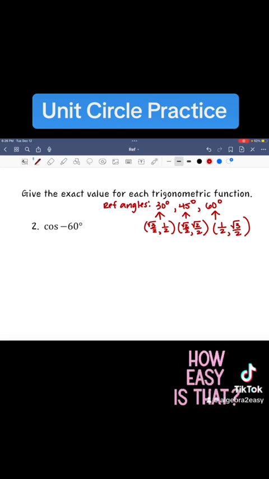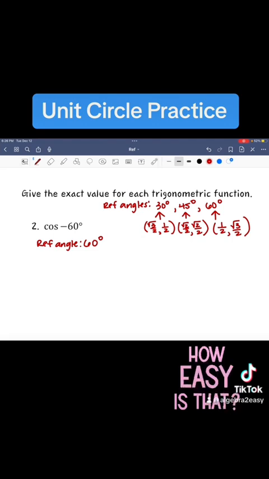Now, if you look at cosine of negative 60 degrees, the reference angle that you would use here would be 60 degrees again. And the reason why is that negative 60 plus 60 is 0. And remember, reference angles are formed by the terminal side and the x-axis.